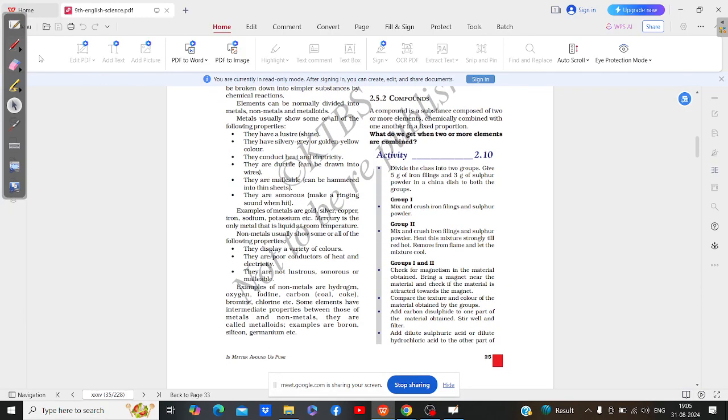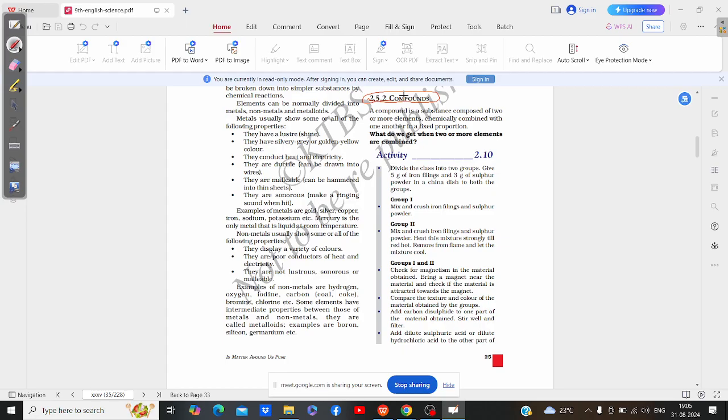A compound is a substance composed of two or more elements chemically combined with one another in a fixed proportion. What do we get when two or more elements are combined? A pure substance means we can see only one type of substance.